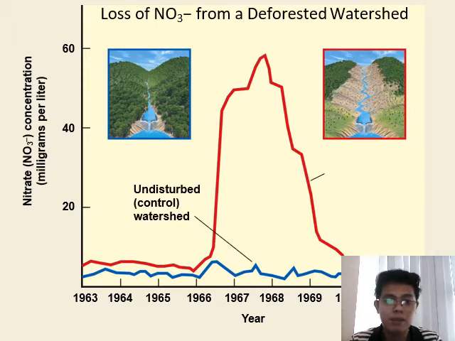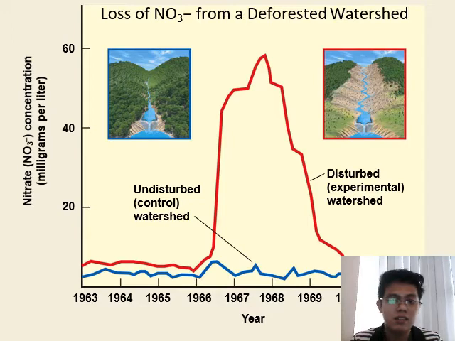The blue one represents the undisturbed forest or watershed, where the loss of nitrate ions is constant but low. Compare that to the red one, the disturbed one. From 1963 to 1966 it was constant, but it gradually increases, rising to close to 60 milligrams per liter. So that's the difference between those two watersheds.